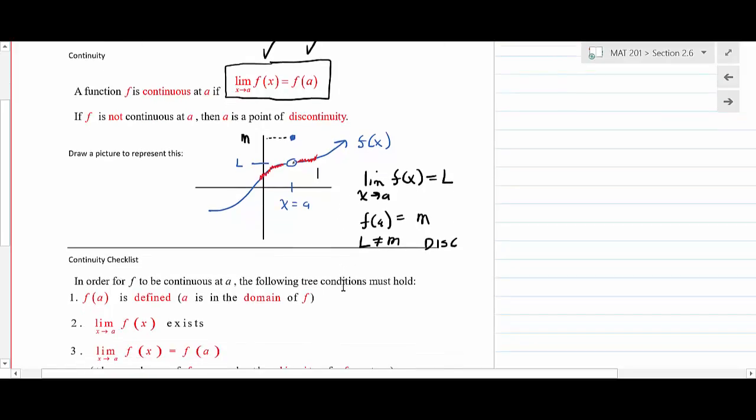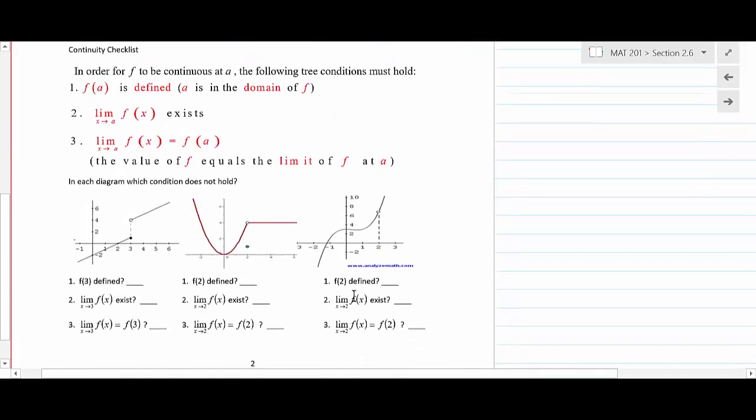That's the idea. Now what we're going to form here is a continuity checklist and show you three conditions. If something is going to be continuous at a point a, really looking at x equals a, these three conditions must hold.